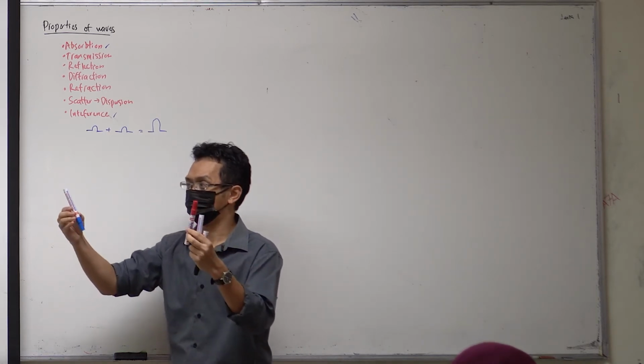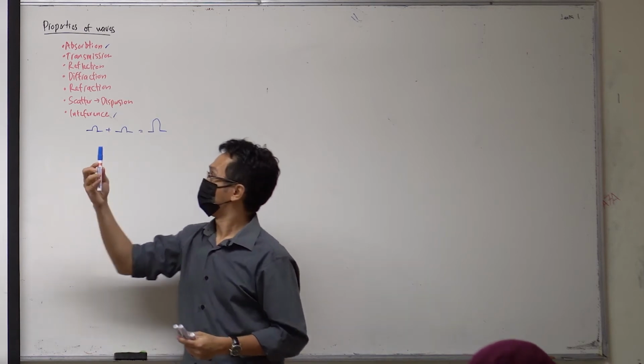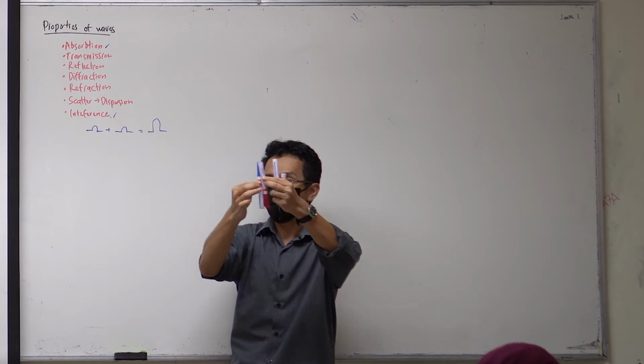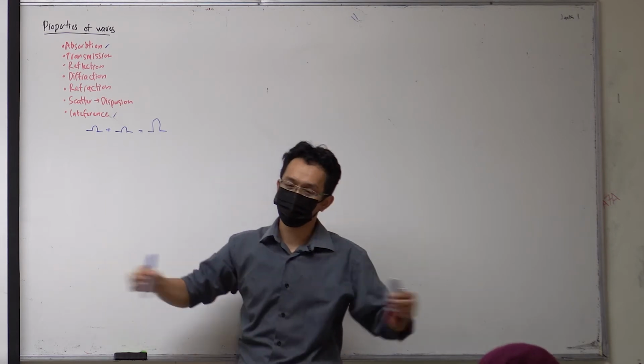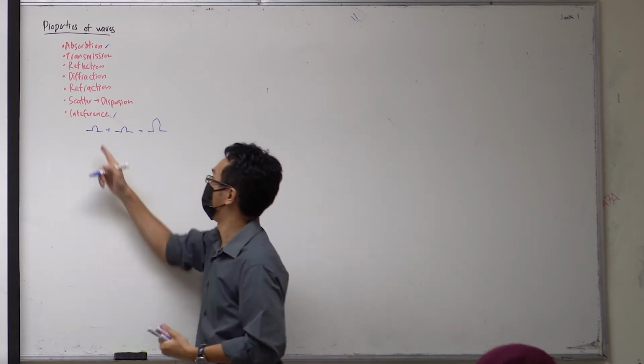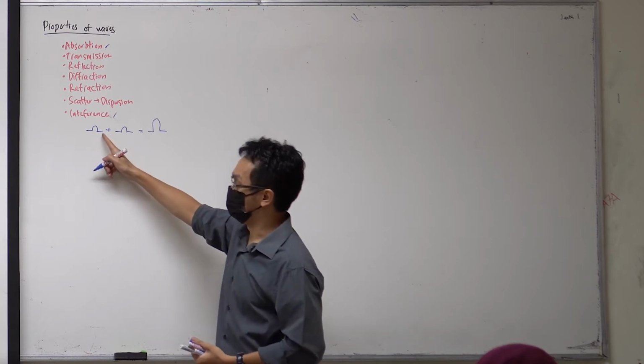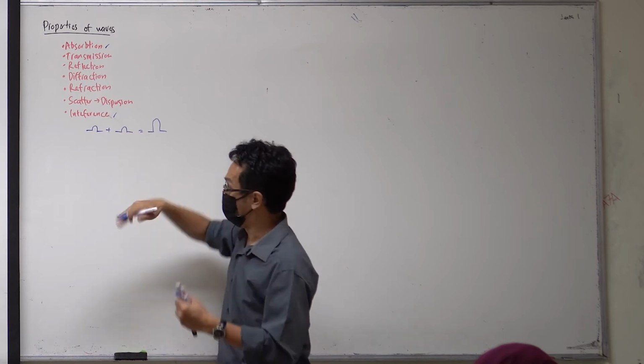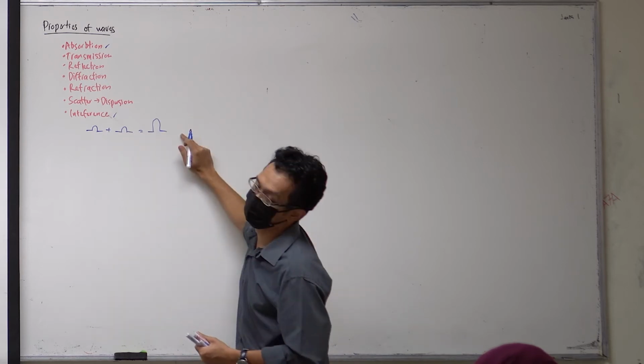But for wave, it can be destructive. For example, if this is up and this is down, if the waves collide, then it disappears. It's like a water ripple. If the water ripples are in phase, up and up, then you get a bigger wave.